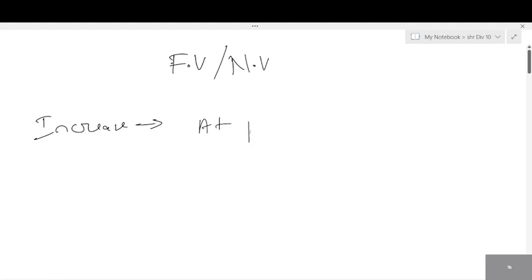Face value, nominal value, students, is fixed. But market value depends on three things. It can increase, be the same, or decrease. If it increases, you call it at premium or above par.